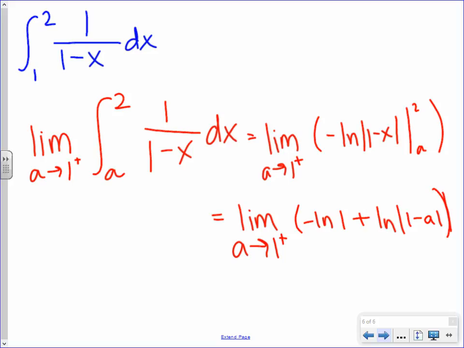But I don't know which. Whether it's infinity or negative infinity, it's going to diverge. Diverges would be better. It is a divergent integral, or an integral that diverges.